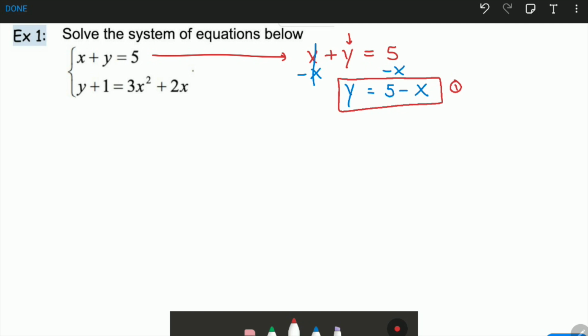Now, second step is to go to the other equation, which is here, and we shall replace y with what the first equation said y equals. So I'm going to replace y with 5 minus x.